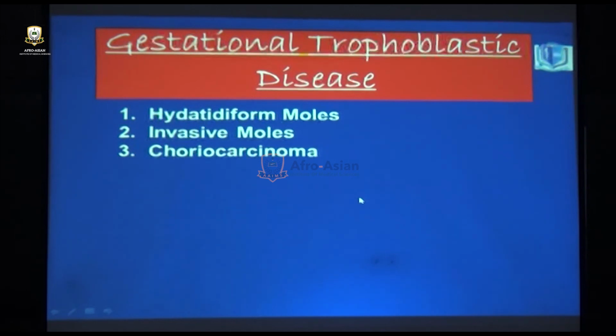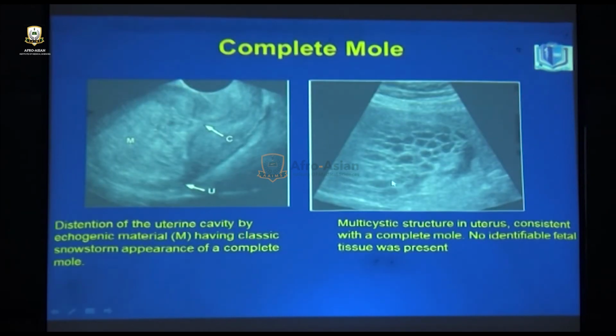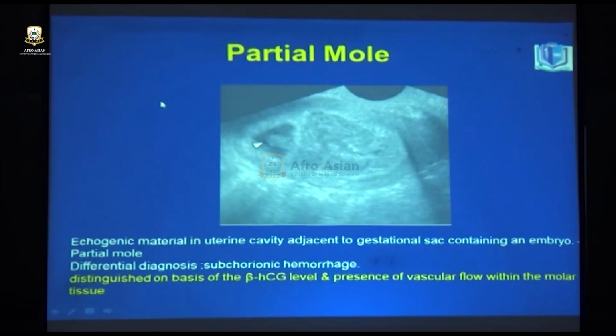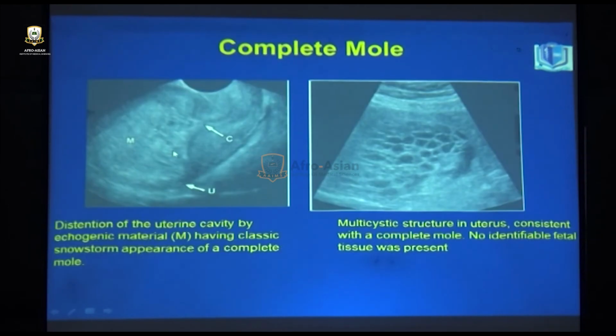Just to touch on gestational trophoblastic disease, we have hydatidiform moles, invasive moles, and choriocarcinomas. We do diagnose these every day and night, and this is one example of a complete mole. We don't see a fetal pole. And similarly, there are vesicles.